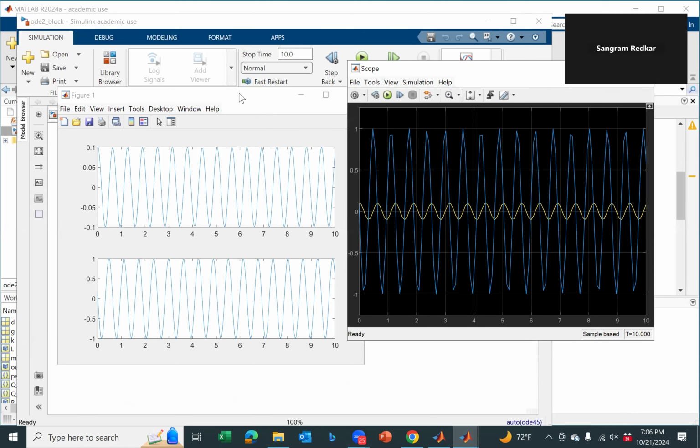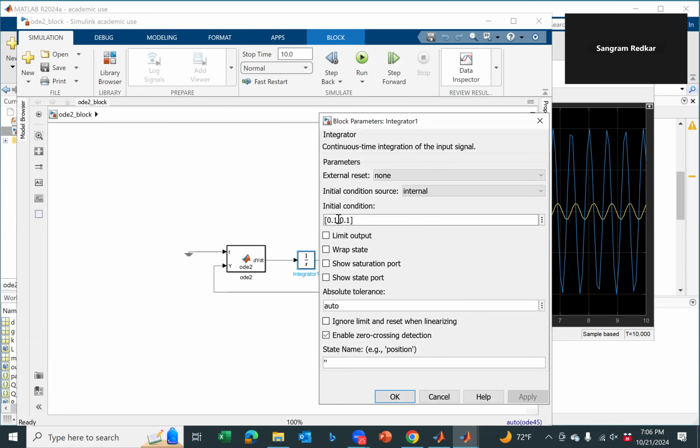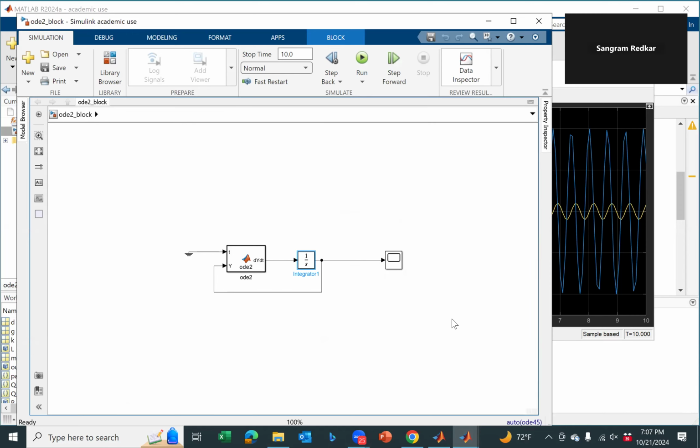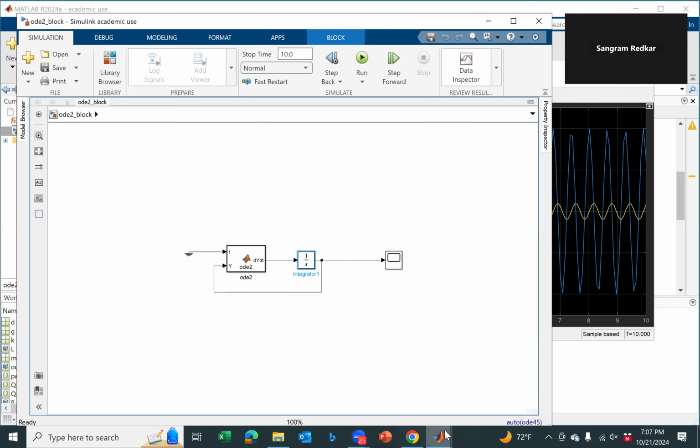And again, if you want to change the initial conditions, you will have to go to this integration and you can change your initial conditions here. And those will be the initial conditions for X and X dot. So this is how you will use this MATLAB code.